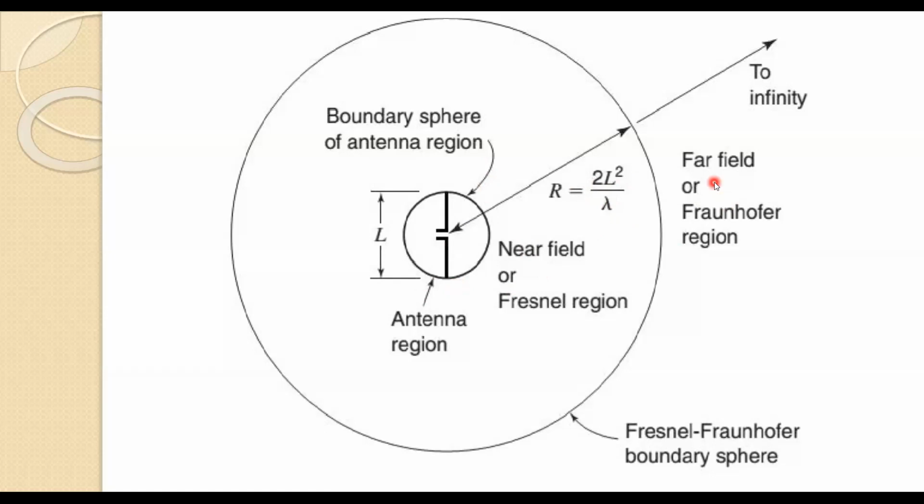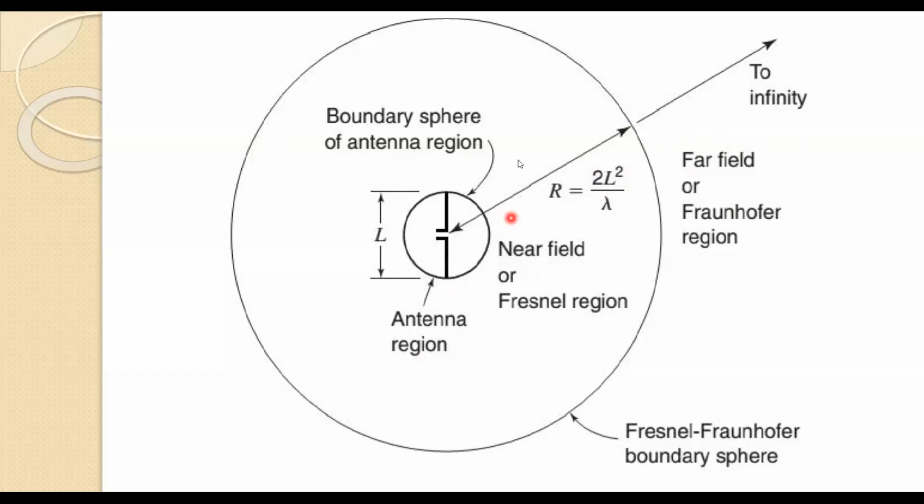And this is the far field, or Fraunhofer field, where distance is greater than 2d squared by lambda.